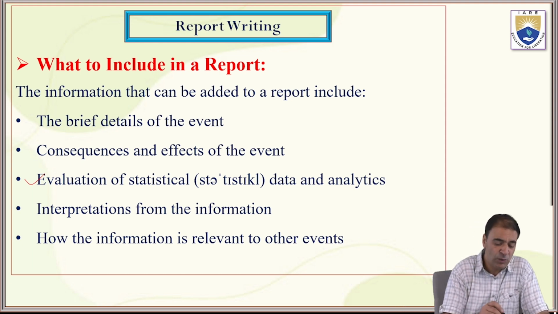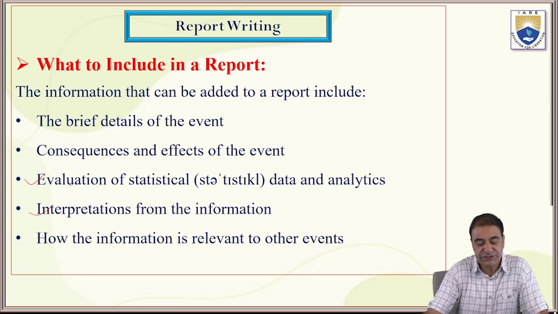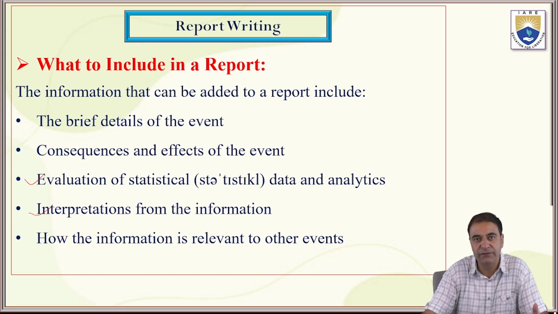And the next one is interpretation from information. We just see the interpretation of the information. And the last point is how the information is relevant to other events. We see here how this information, as given in a report, is relevant or related to other events.